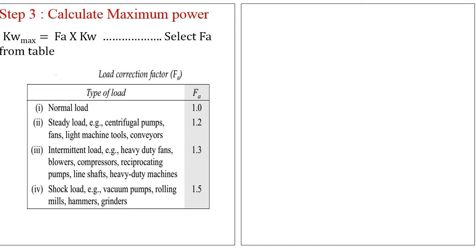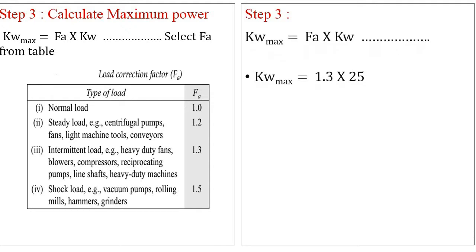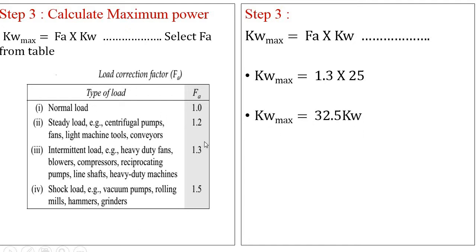We are using the belt drive system for the compressor. So here we are going to select Fa equal to 1.3. Now in our problem, power is given as 25 and Fa equal to 1.3 as per this table. So kW max equal to 32.5 kilowatt.